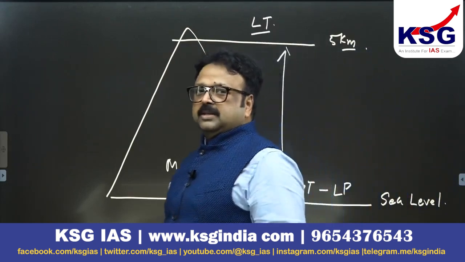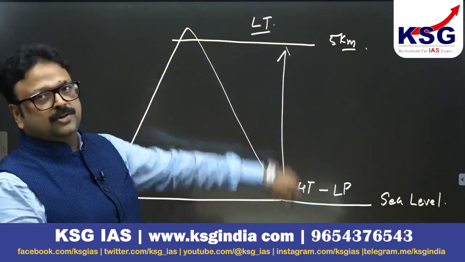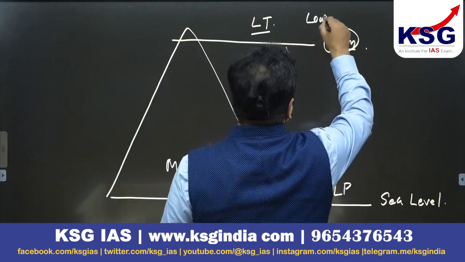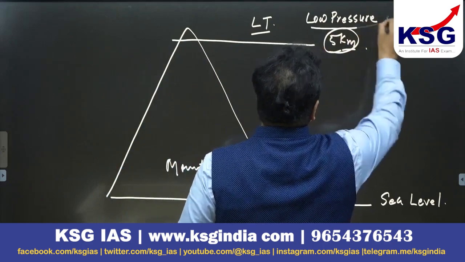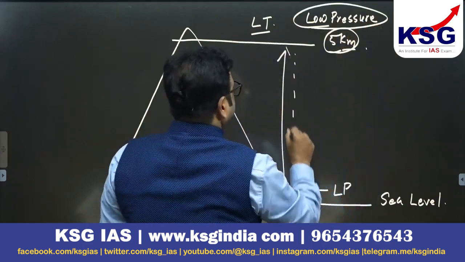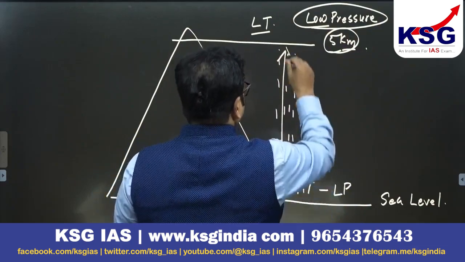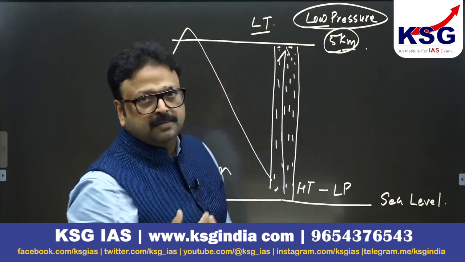So low temperature represents high pressure, but what happens, there is low pressure also. So at this particular height there is low pressure. Do remember, this low pressure is attributed to the air column which is left over in this 5 kilometer height. This air column is not at all exerting atmospheric pressure.